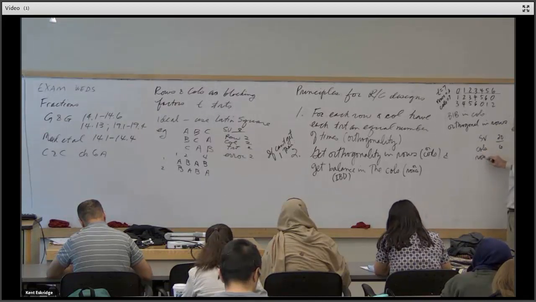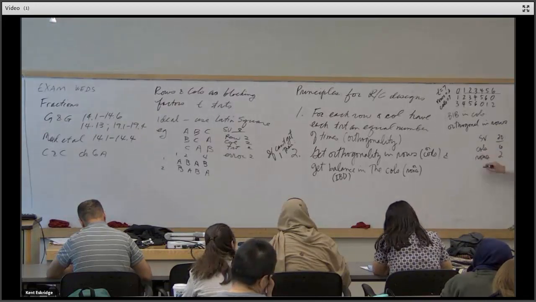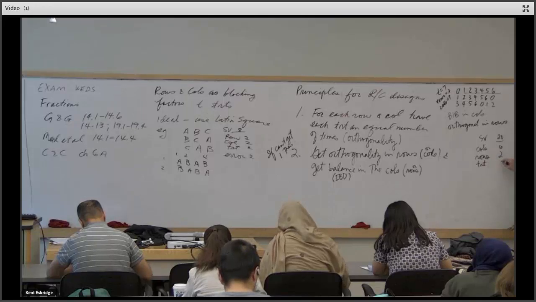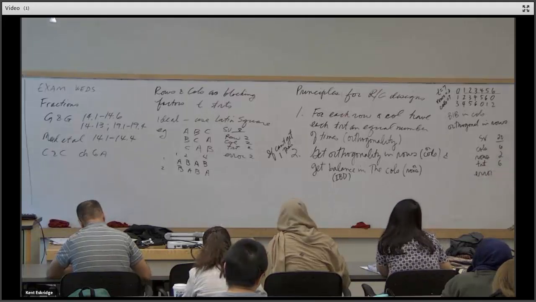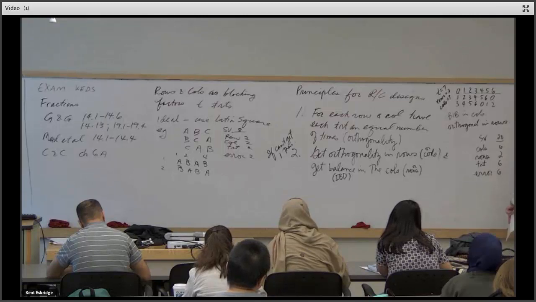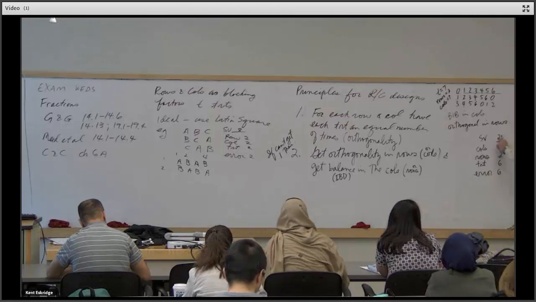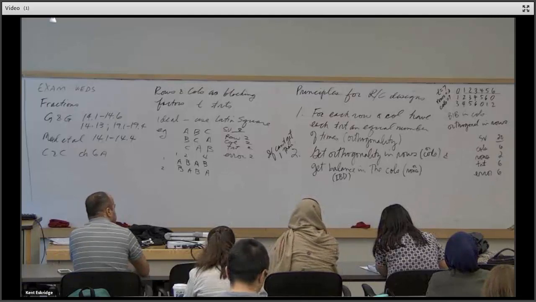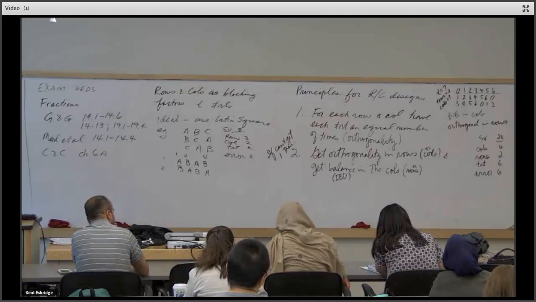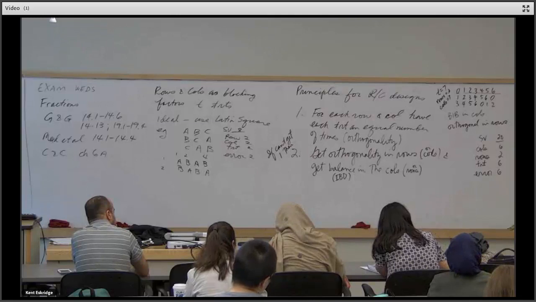Rows? 2. Treatments? 6. And everything else will be 6, right? 20 minus 14 is 6. Easy. Just use least squares on this. Use Excel on this, analyze. Well, you want to use a mixed model.